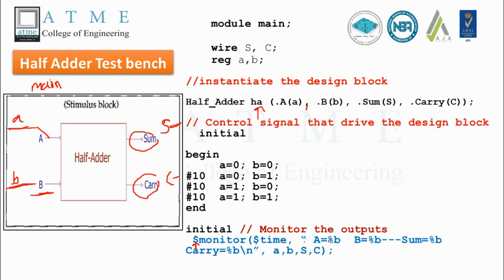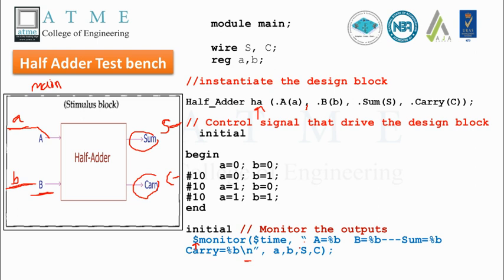Here I have written a equals, b equals, then sum equals and carry equals, where a will be printed as a binary value, and b is also displayed as a binary value. All the variables I have listed here are going to be displayed in binary. Backslash n indicates a new line character.